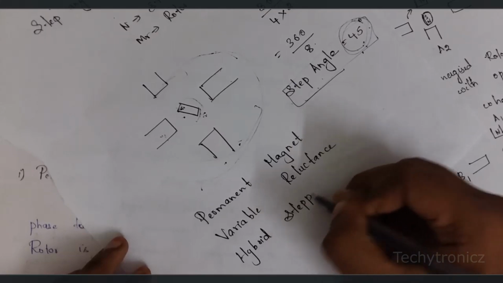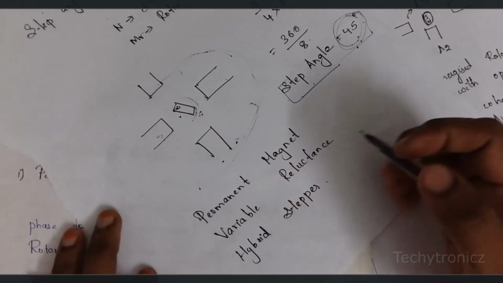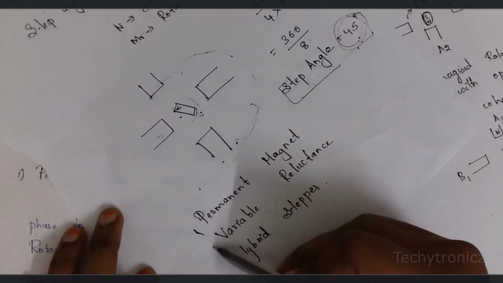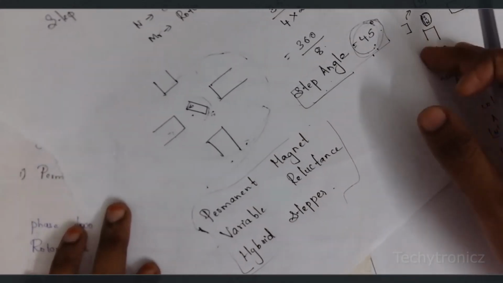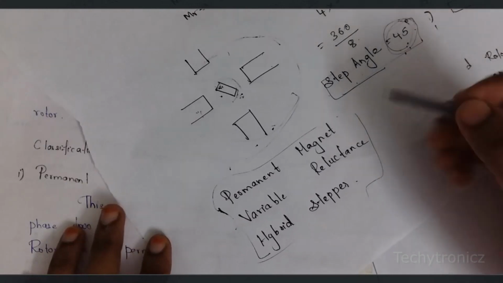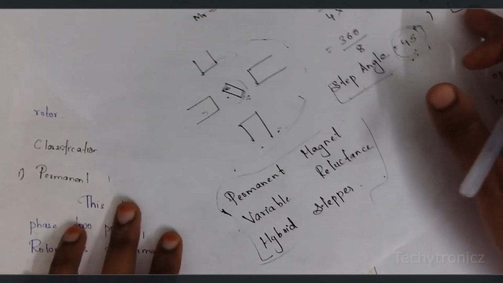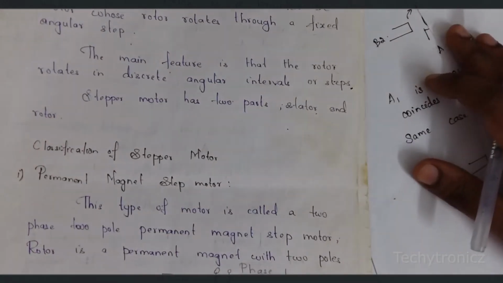The working principle of all these three stepper motors is almost the same, and the construction is also the same with small differences. First we will see the permanent magnet stepper motor.